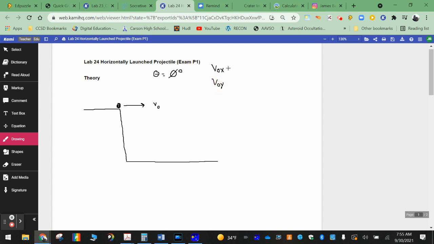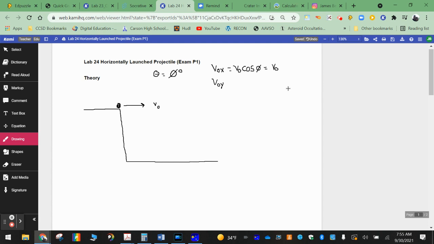VOX is going to be whatever VO is times the cosine of theta. In this case, what is theta? Zero. And what is the cosine of zero? One. So therefore, VOX equals VO. They're the same because the cosine of zero is one.